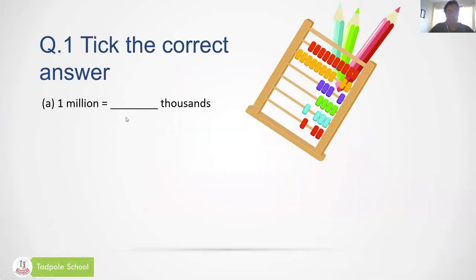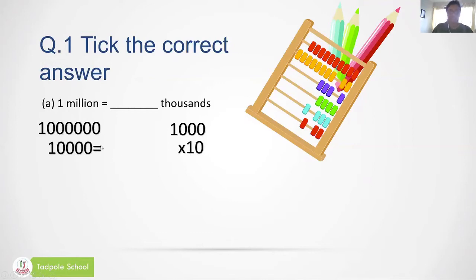The first question in exercise 1.1 is tick the correct answer. The A question is: 1 million equal to how many thousands? So 1 million में कितने thousands होते हैं? How do we do this? Simple. पहले 1 million को number form में लिख लो. How many zeros are there in 1 million? 6 zeros. Also write 1000 in number form. Now, if we multiply 1000 with 10, what will it give us?